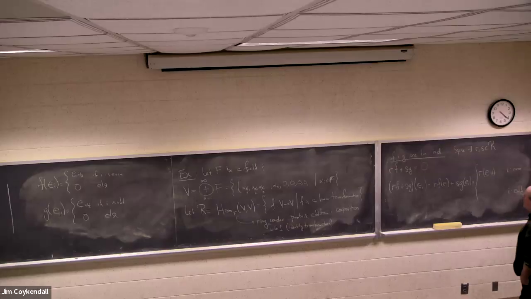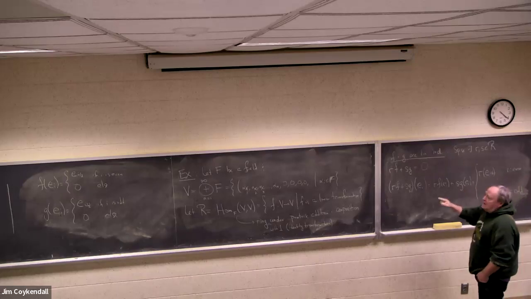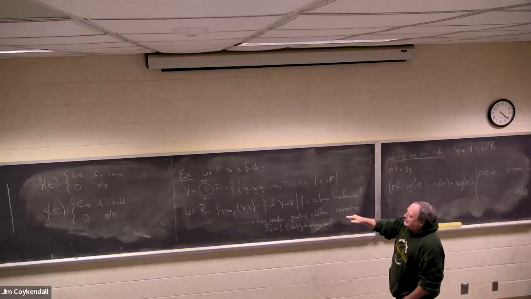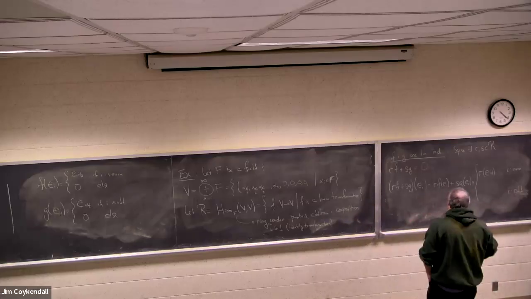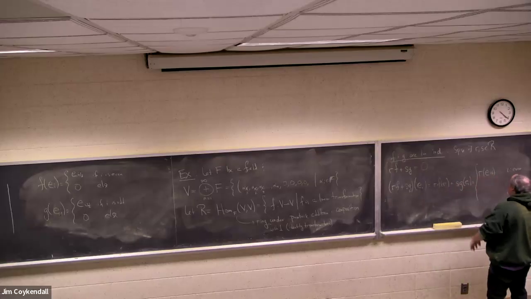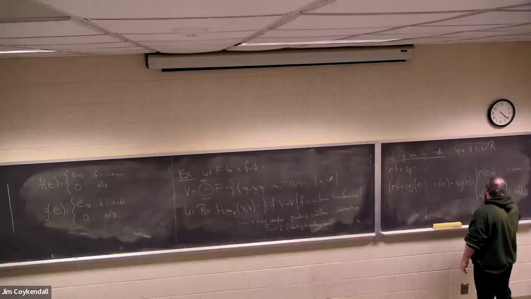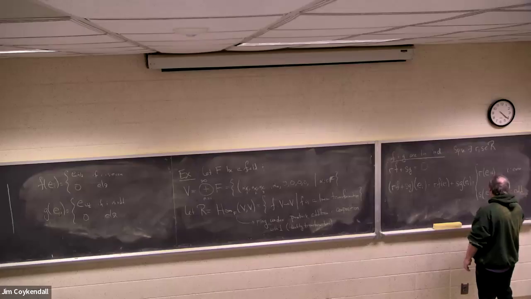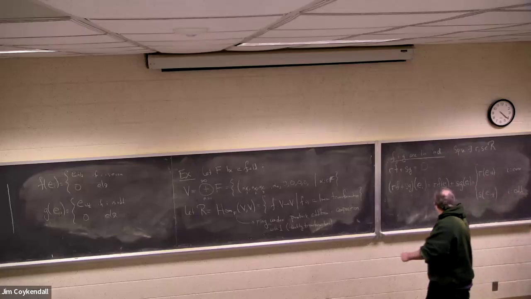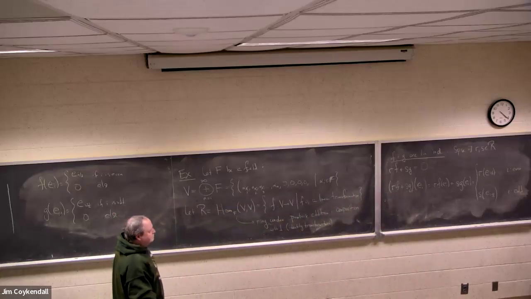And on the other hand, if i is odd, then we can ignore the F part, because this bit is zero. And this becomes s of E_((i+1)/2).